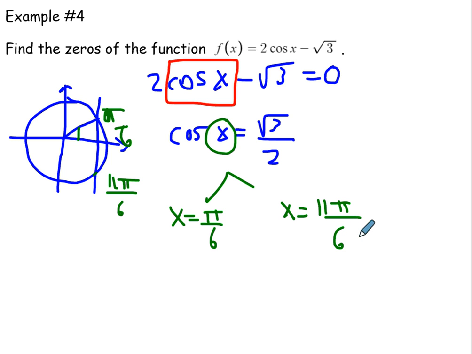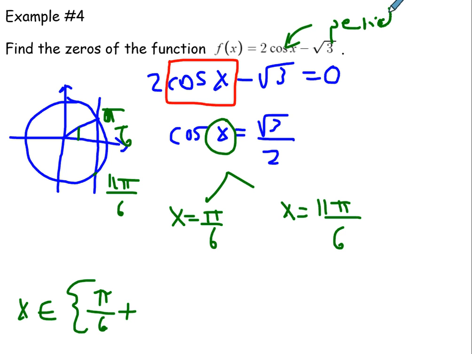Now, these are just two answers. You need to find all of the answers. So when you write down, you would write it like this. Pi over 6 plus, now what is the period here? It's a regular cosine, so the period is our regular 2 pi.